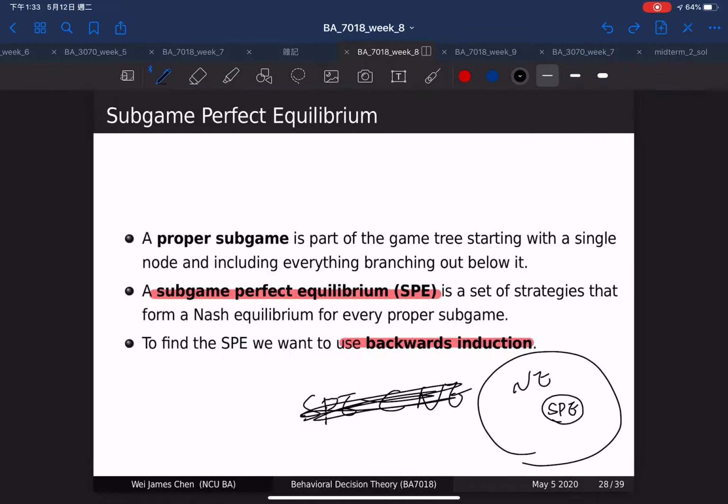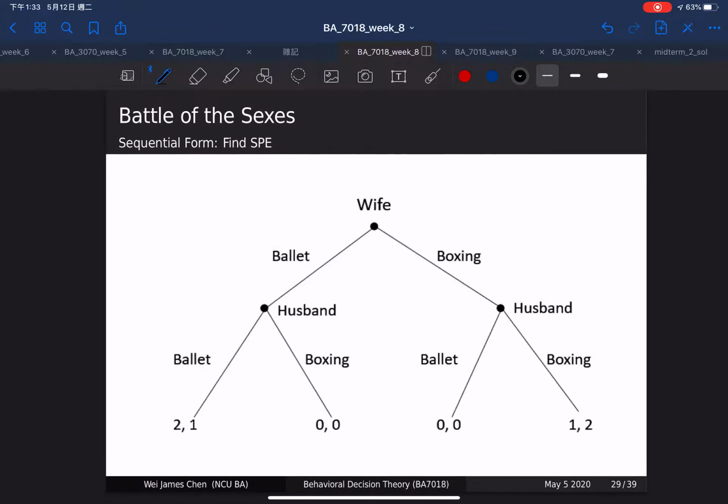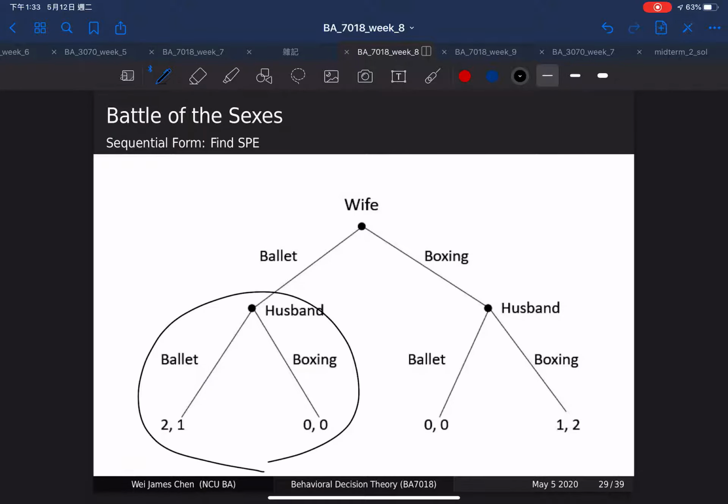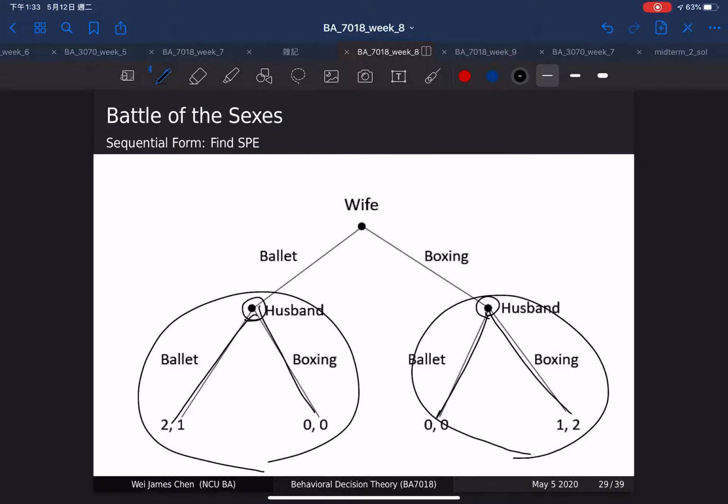And a proper subgame is a part of the game tree starting with a single node, including everything branching out below it. So this one is a proper subgame because it starts with a node here, and it includes all the branching out. And this is also a proper subgame because it includes all the branching out.